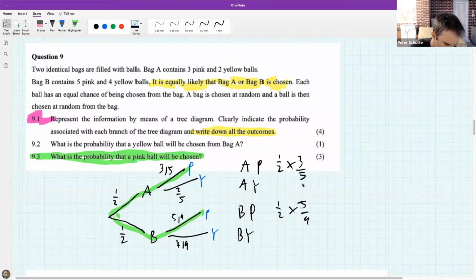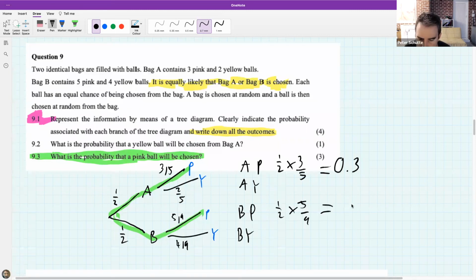So let me put that into my calculator. My calculator is not working for some reason. Let me do my other one. 0.5 times 0.6 is 0.3.